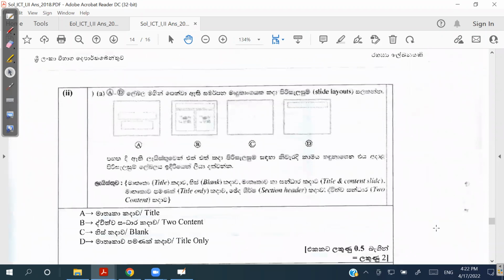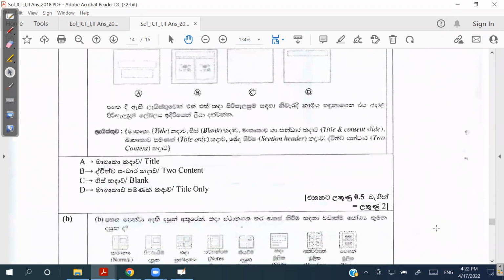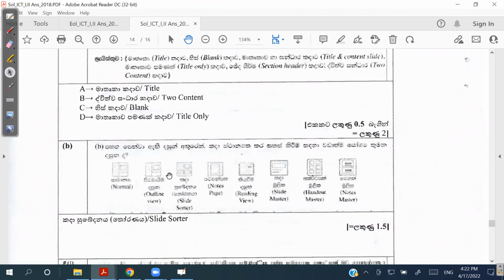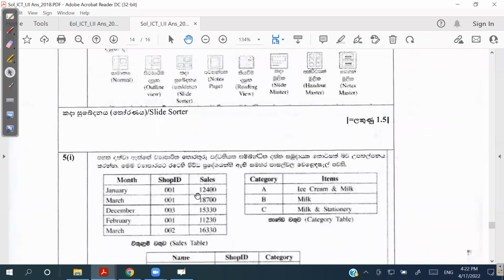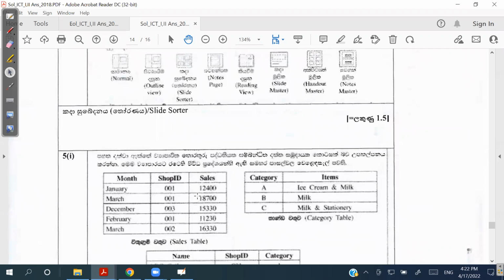For the second part, having the connections correct, 0.5 for each part, so 2 marks is given. And for finding the correct view mode, figuring out the slide sorter, 1.5 marks. Right, so see how much you got out of 10.